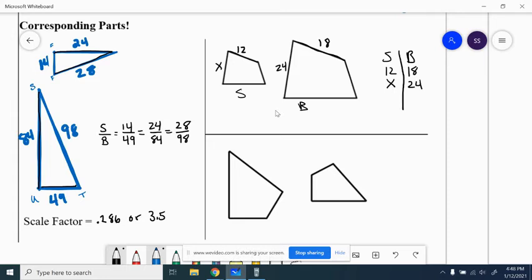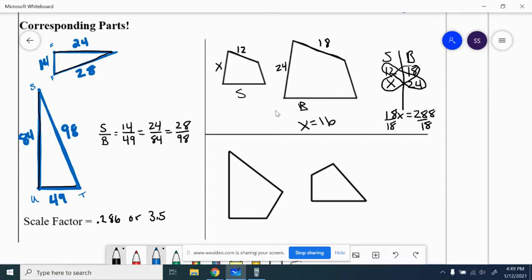And then from here we can just cross multiply and divide. 12 times 24 divided by 18. These go together, and these two go together. So x times 18 is just 18x, and 12 times 24 is 288. Then we divide by 18, and we're left with x is equal to 16.